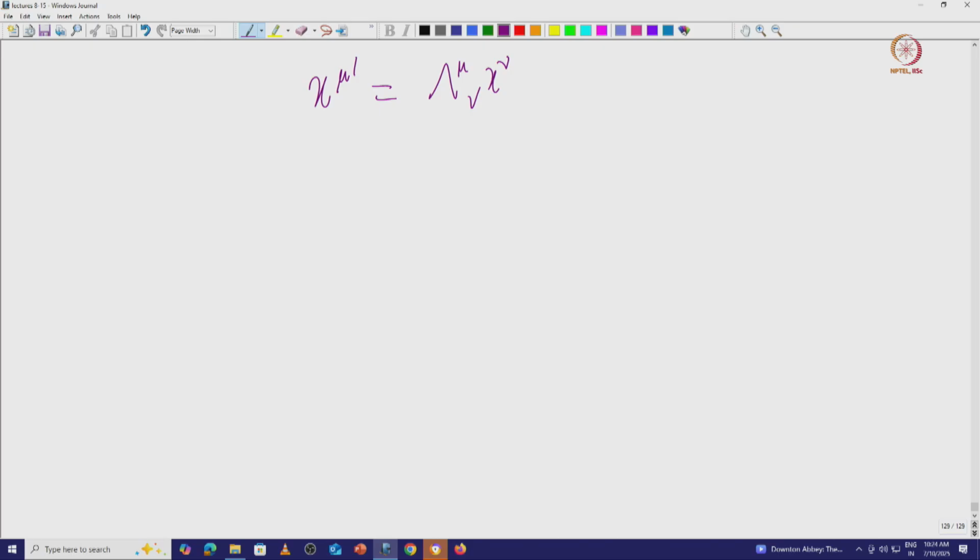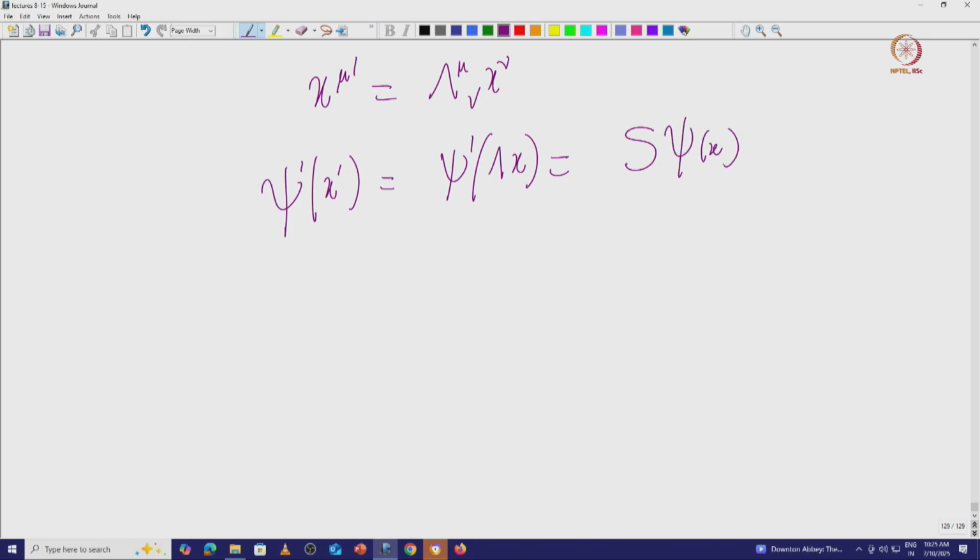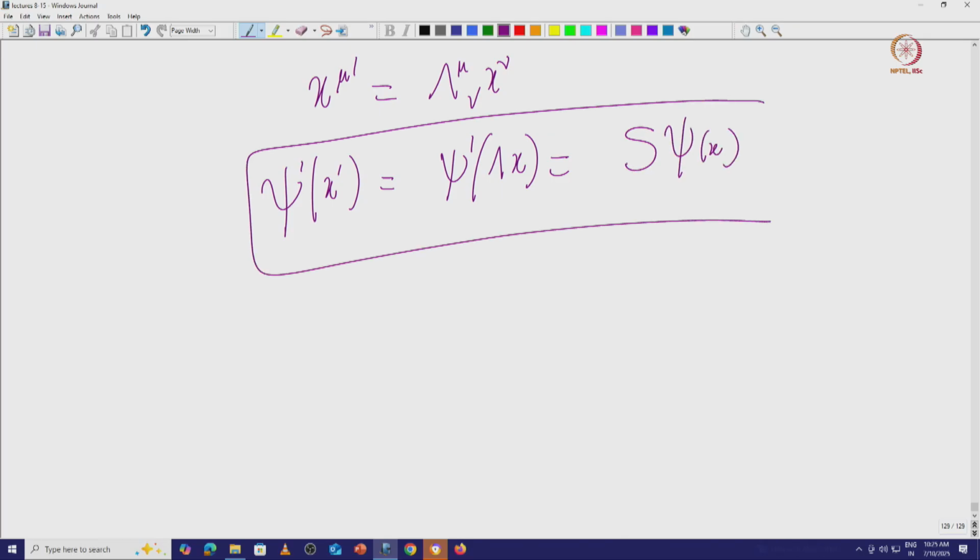So psi prime of x prime is equal to S of lambda times psi of x. So psi is a representation of the Lorentz transformation.